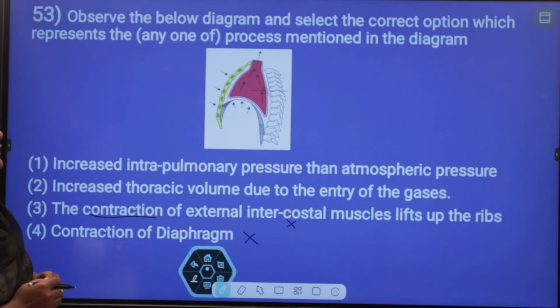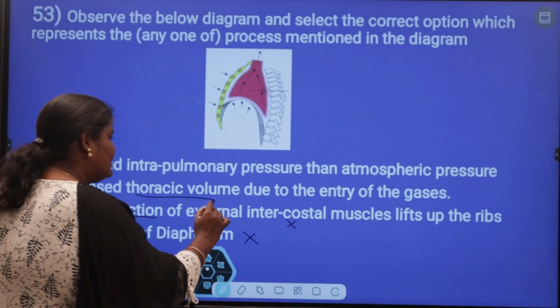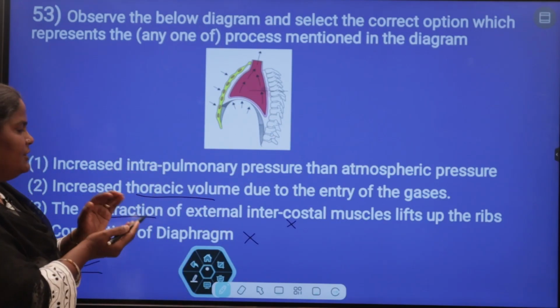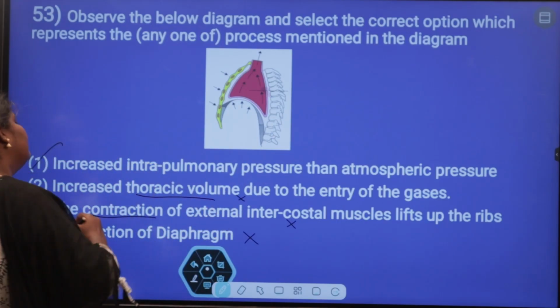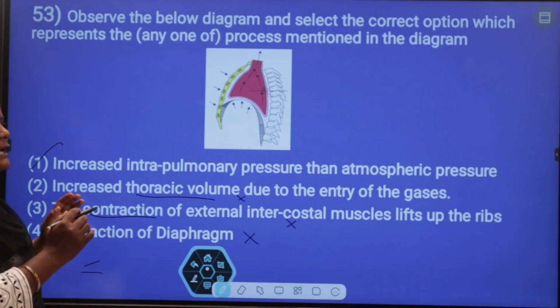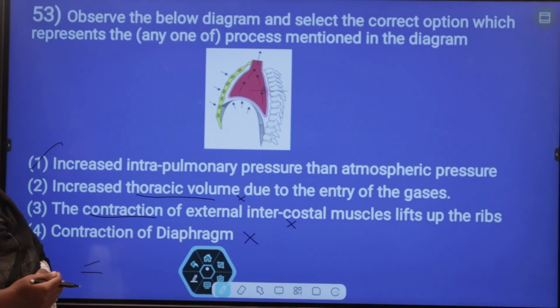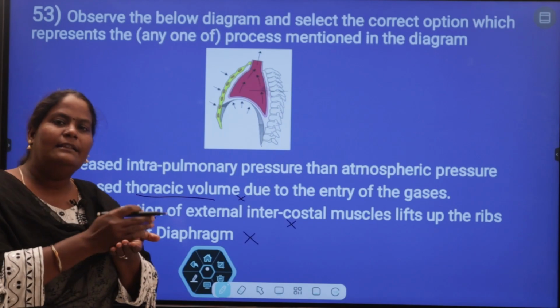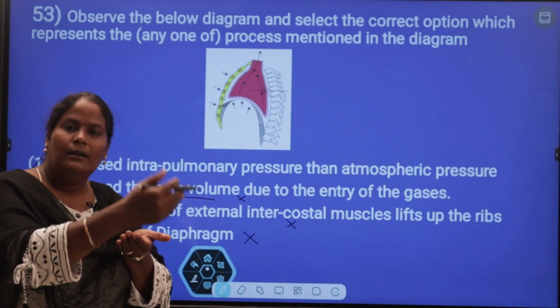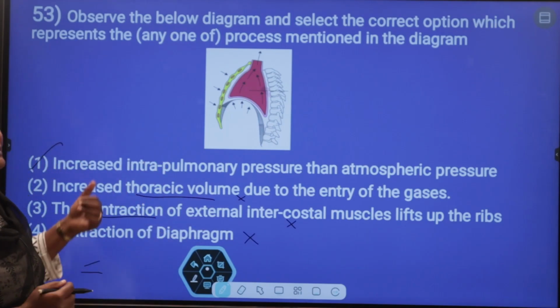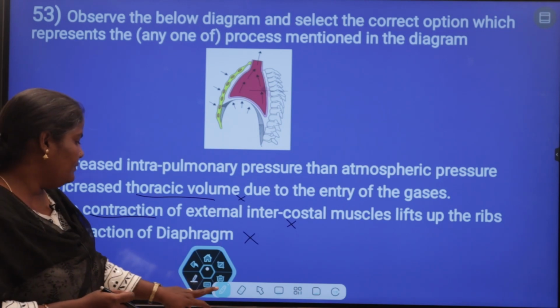Next, increase the thoracic volume. No, the thoracic volume comes back to its original condition. So the second statement is also wrong. So based on that, the first statement, increased intrapulmonary pressure than the atmospheric pressure. So inside there is CO2 present, and the pressure is increased compared to the atmospheric pressure. Option 1 is the right statement.